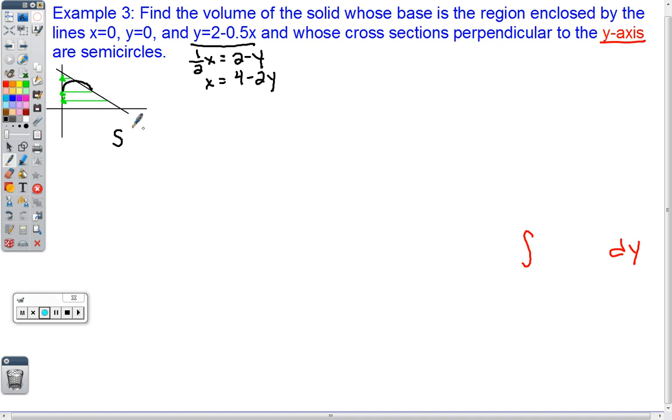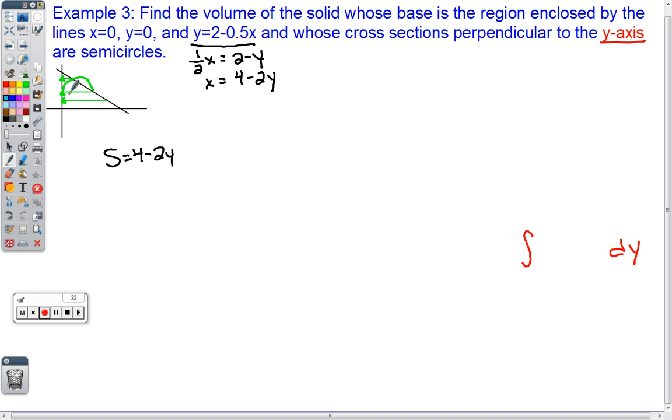Make a semicircle here. So one side length would be, now we're going from here to here. I don't know why I bothered trying to draw pictures. Do it in green. So one side length, going from there to there, is 4 minus 2y.